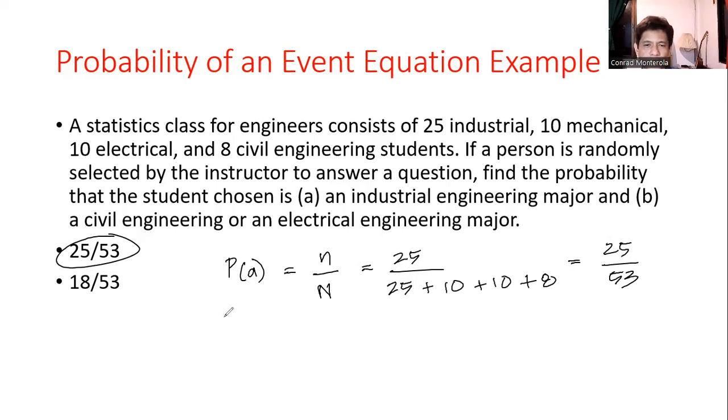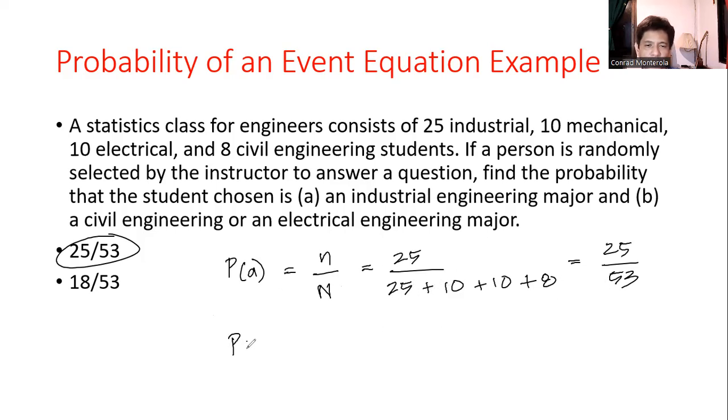Okay? What about B? B is the student will be a civil engineering or an electrical engineering major. So we're just going to add the electrical engineering and the civil engineering. And then we'll have the same total, 53.